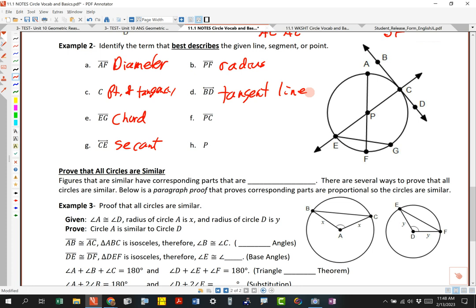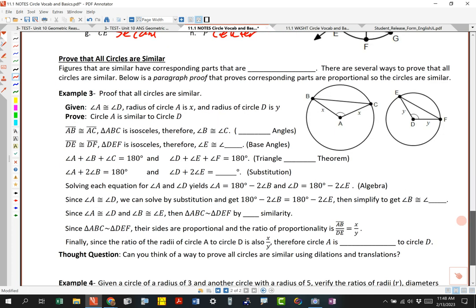PC, notice that it's got endpoints. There aren't lines on the end of that. Luke? Radius. And P? What is it? Center.